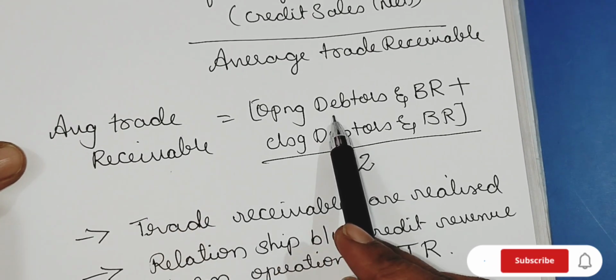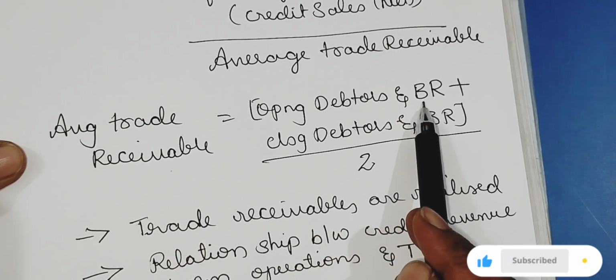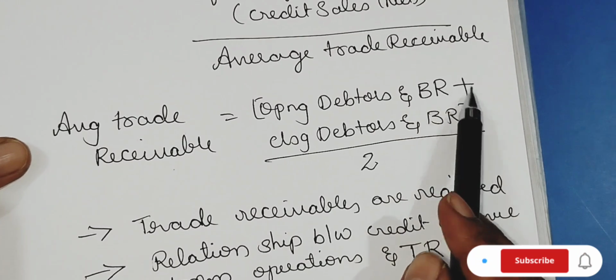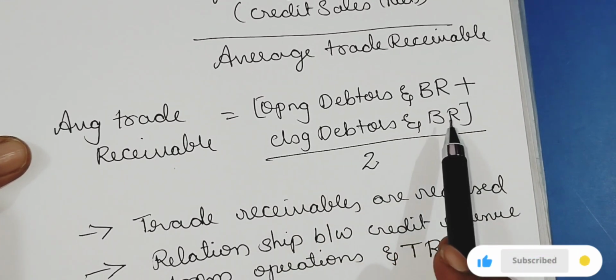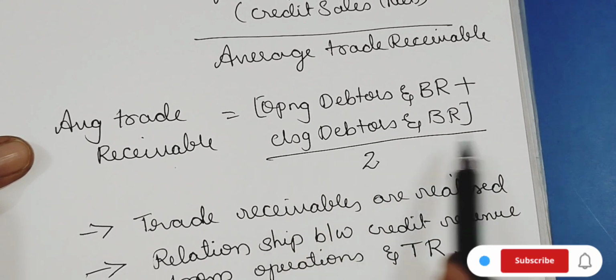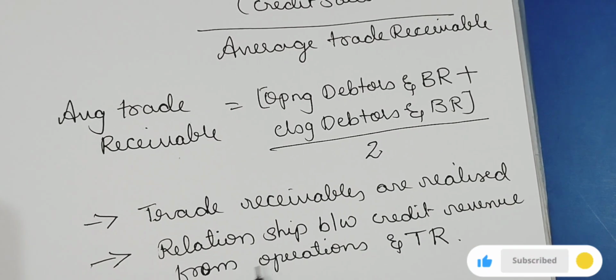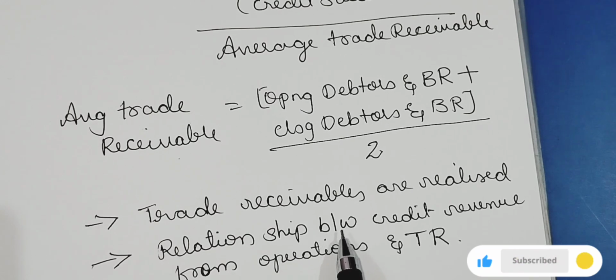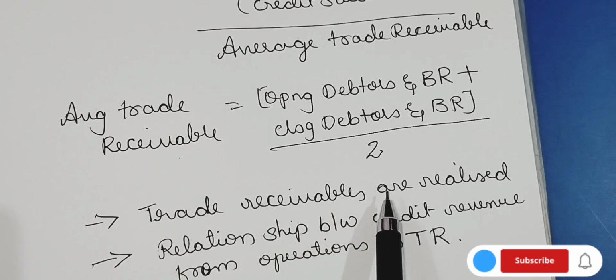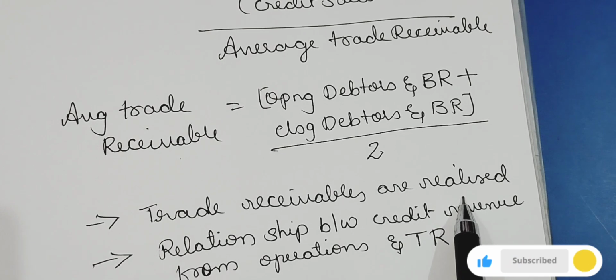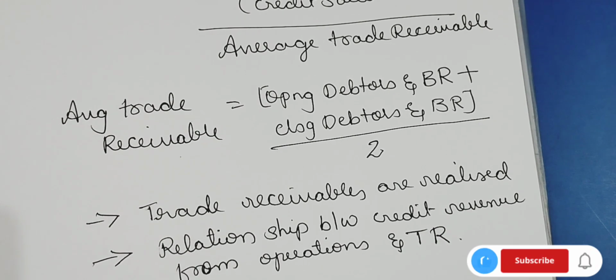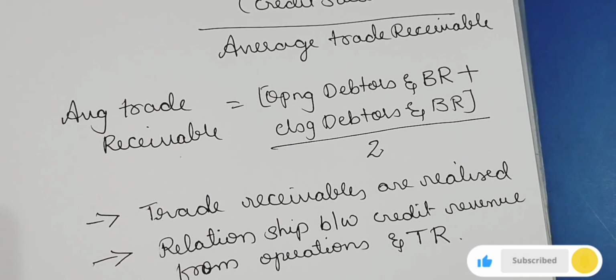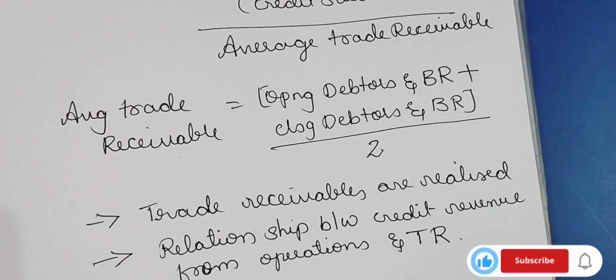That is opening debtors and opening bills receivable plus closing debtors and closing bills receivable divided by 2. And this ratio helps us to understand the liquidity position based on how the trade receivables are realized, and the relationship between the credit sale and the trade receivables.